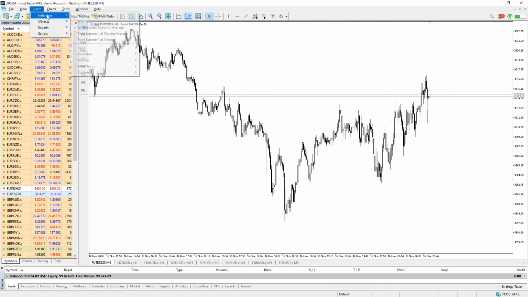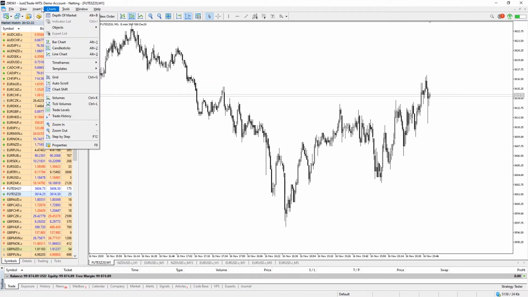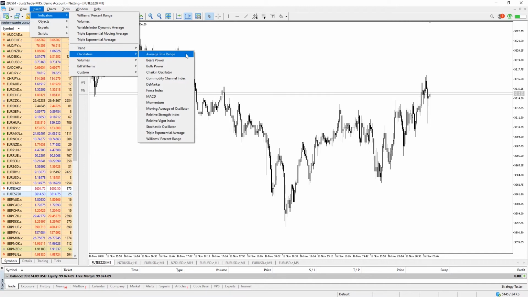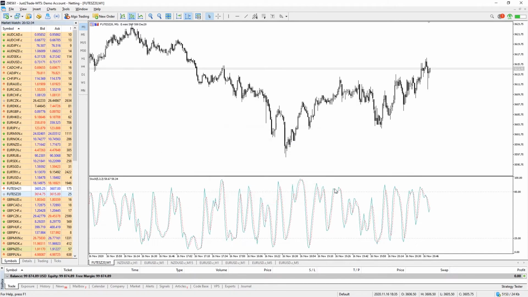And third of all, what we want to consider over here, so right now I'm looking into insert indicators, oscillators, and look at the usual stochastic oscillator. Now, over here we've got 533. That could work just as fine.